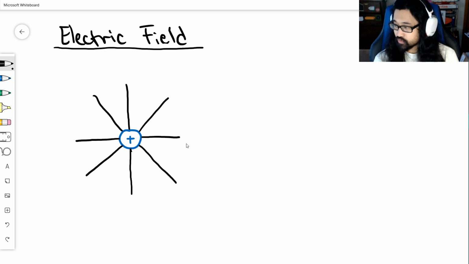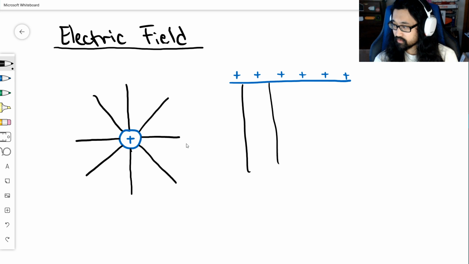If I had a positively charged flat surface like this, then my field lines would extend perpendicular to the surface, and they would just do something like that.